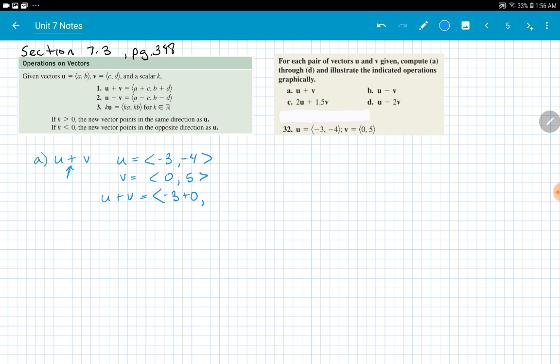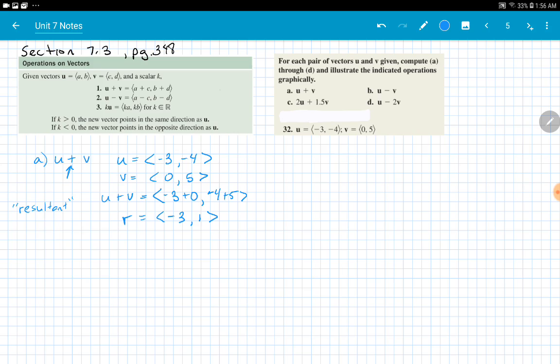So we're just adding the components. That gives me -3, 1. I can call that R for resultant.